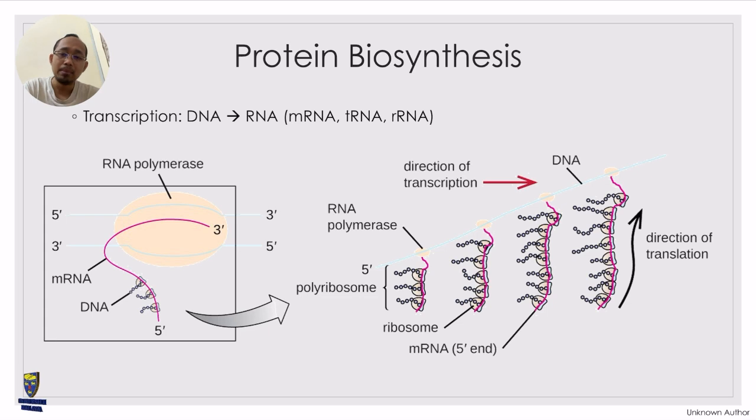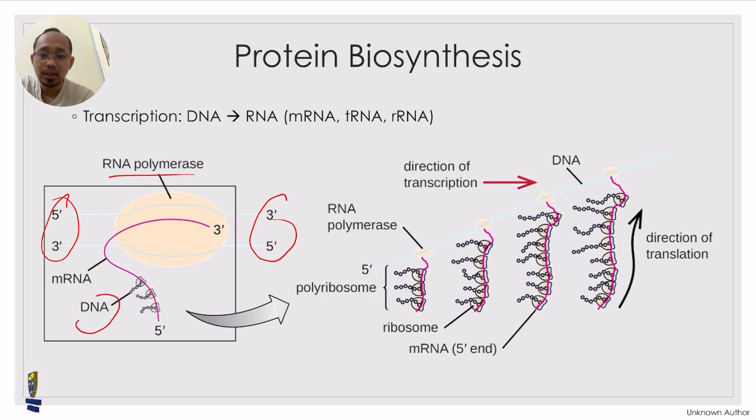So what really happens is, even though it's one DNA, you can see over here 3 prime and 5 prime, which is the indicator of a DNA, and RNA polymerase is producing mRNA from this particular DNA. Okay? So this is not DNA, this one should be protein, right?